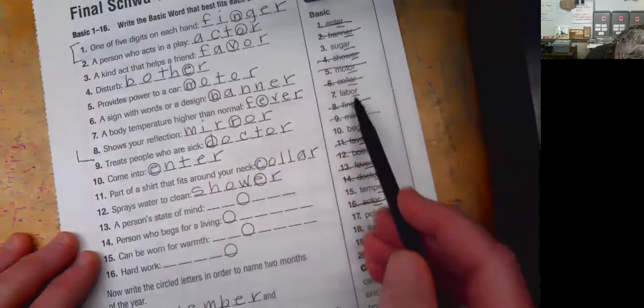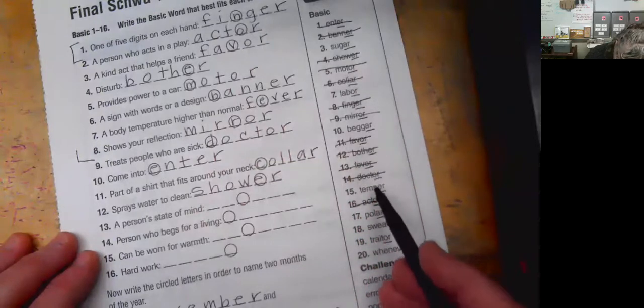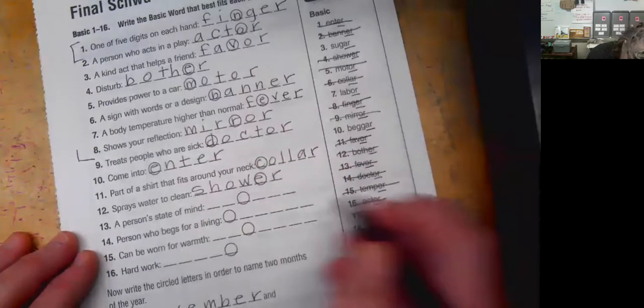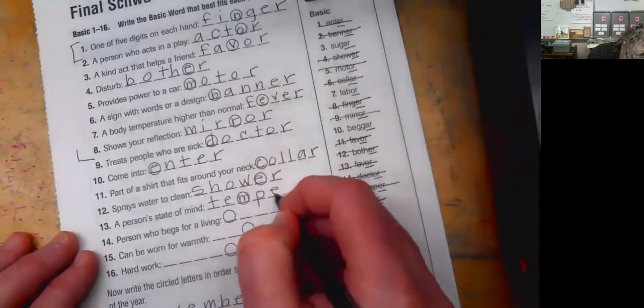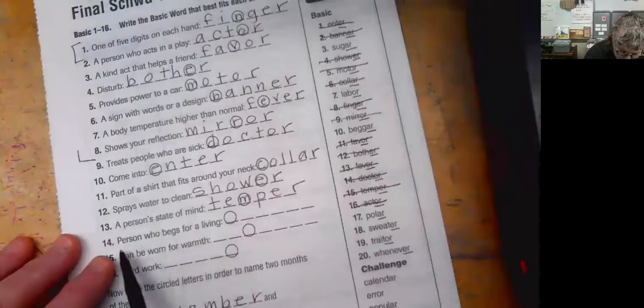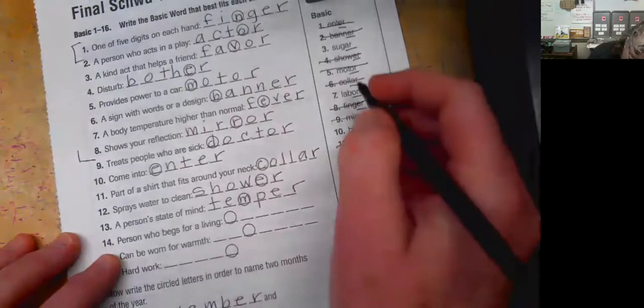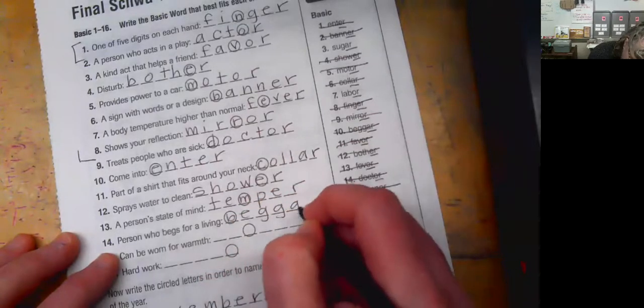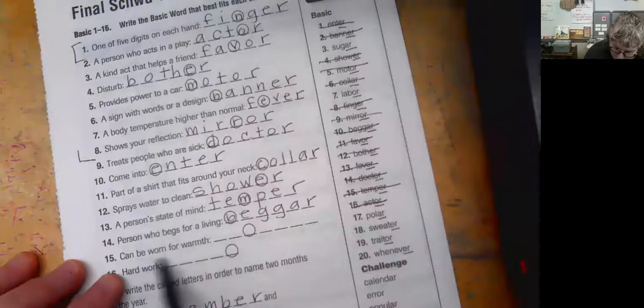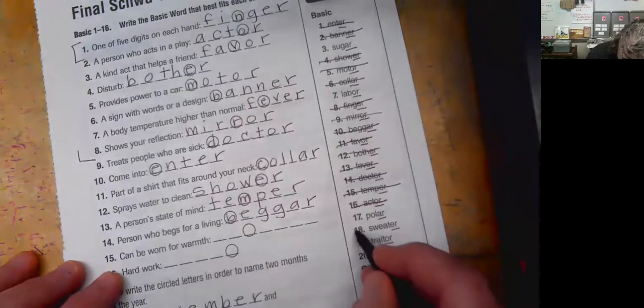Sugar, labor, beggar, temper. T-E-M-P-E-R. A person who begs for a living is a beggar. B-E-G-G-A-R. Can be worn for warmth. That's going to be a sweater.